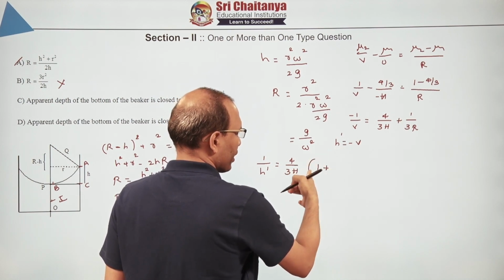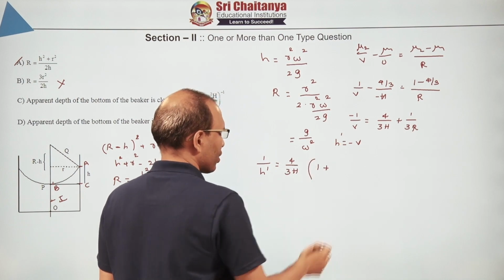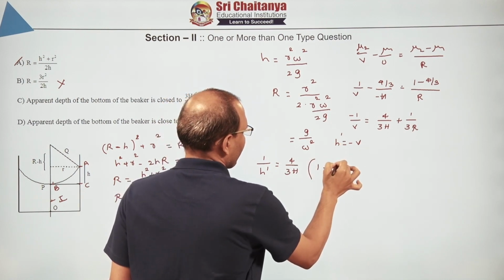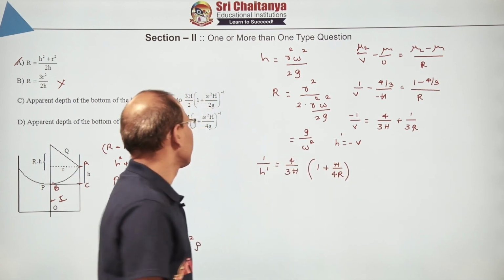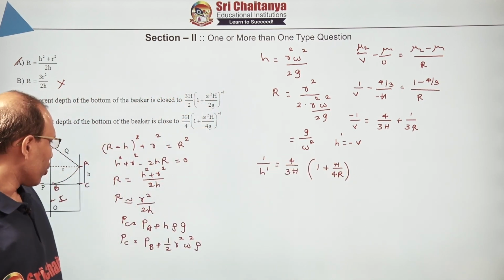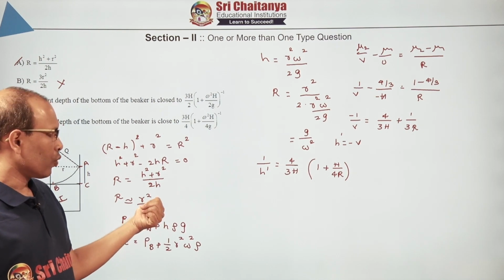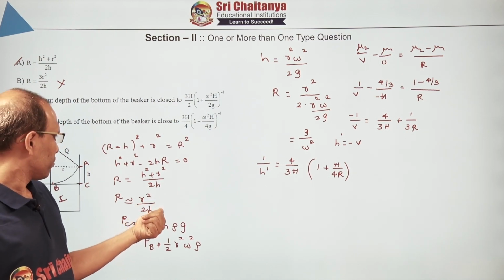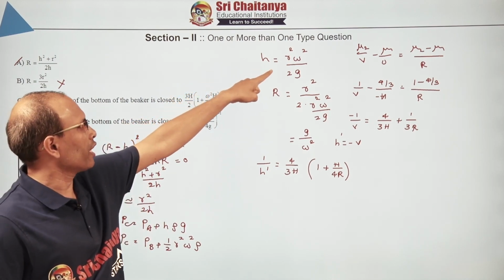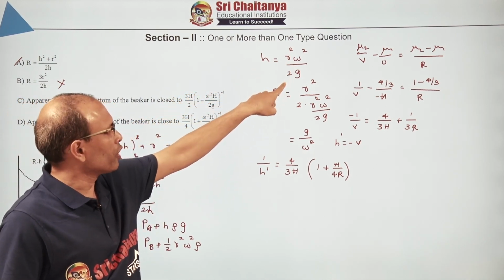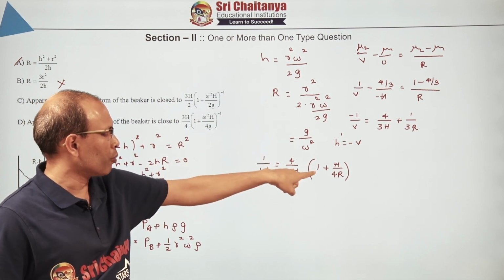So to take out H here, I have to multiply this with H again. So this is H by 4R. Now what is the value of R we have got here? R is R square by 2H. When you simplify further, we got H value is R square omega square by 2G, or it is coming out to be G by omega square.